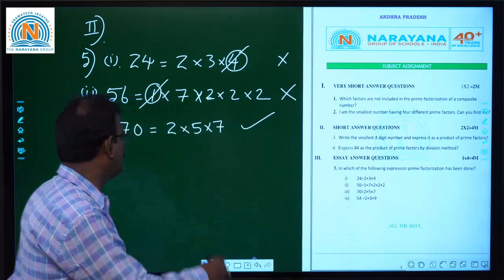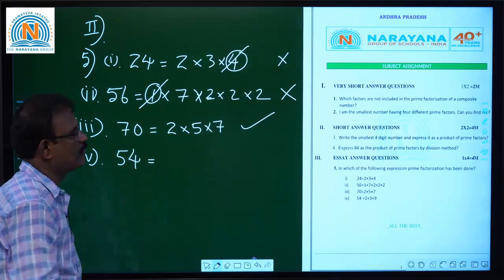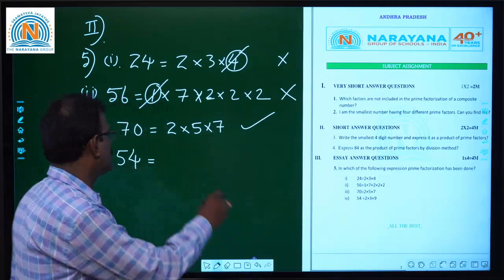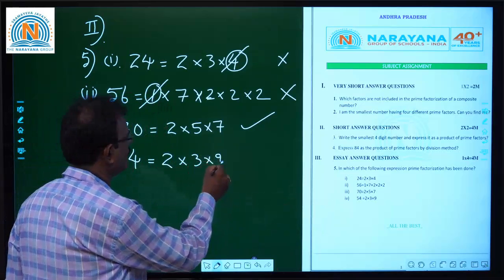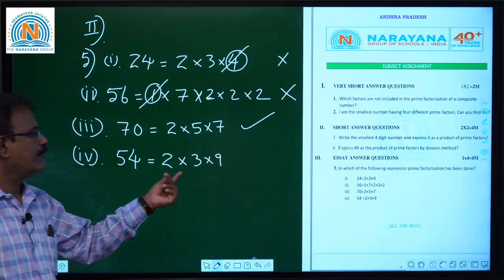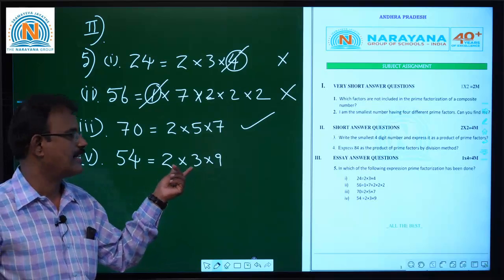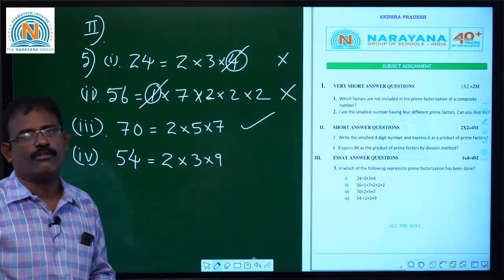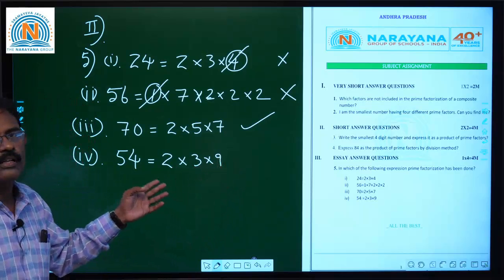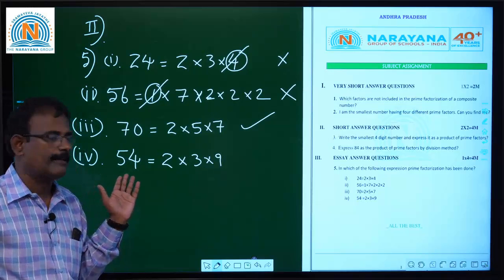And if you go through the fourth one, the given number is 54. So this is 2 into 3 into 9. So my dear children, if you observe the product on the right side RHS of the equality sign, 2 3s are 6, 6 9s are 54, which is equal to 54 available on the left side of the equality sign.